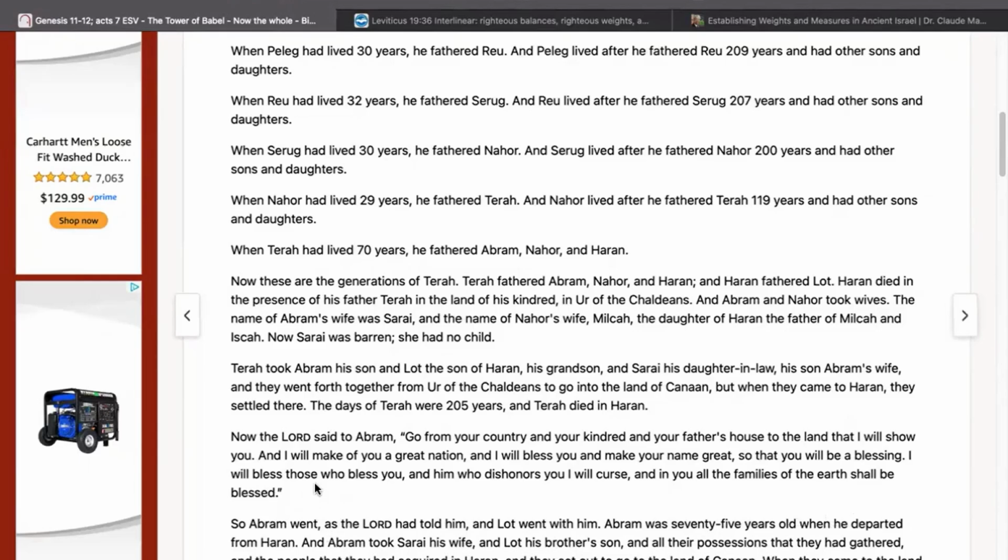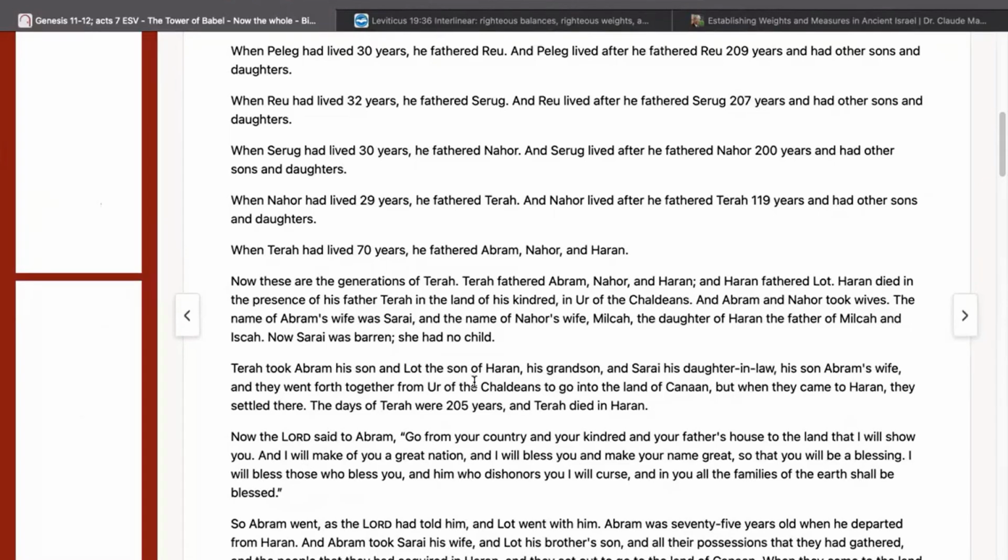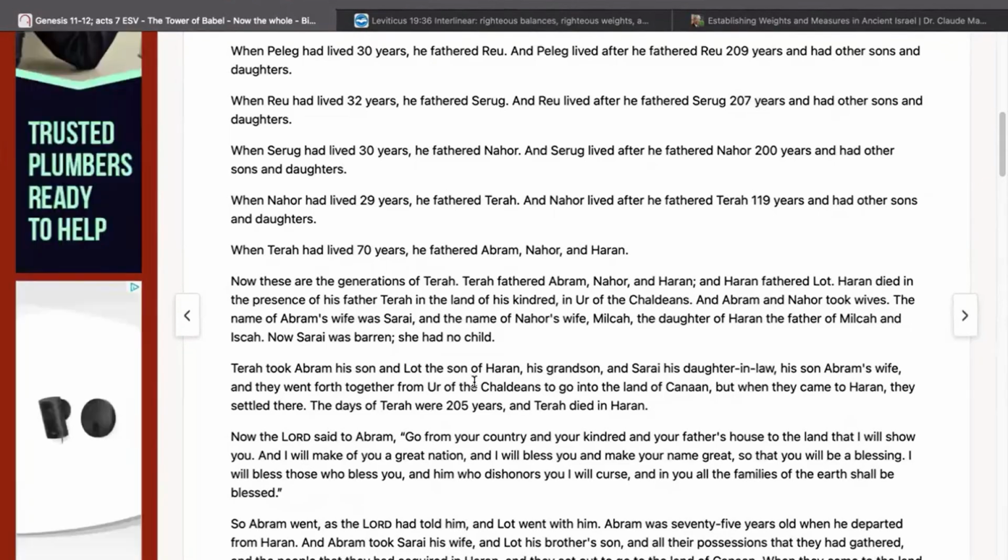So if we do that, he was born when Terah was 70, plus 75, that equals 145. That does not equal 205, right? You need 60 more years in order to equal 205. So, hey, the Bible has contradictions, not the word of God, not divine, right?